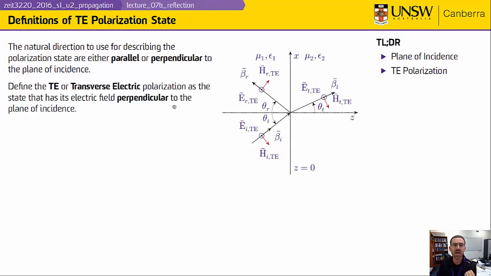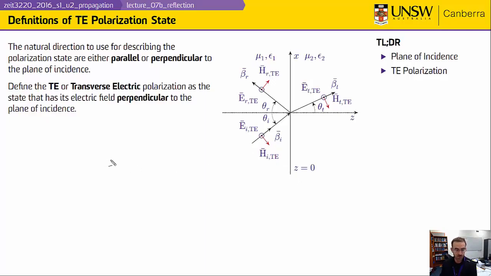We're going to define the transverse electric polarization state, or the TE state, as the one that has its electric field orthogonal or perpendicular to the plane of incidence, and that's what's drawn over here on the right. We've got the wave polarized out of the screen. The plane of incidence is in the screen, so the wave is coming out of the page. Right? And the electric field is completely perpendicular.